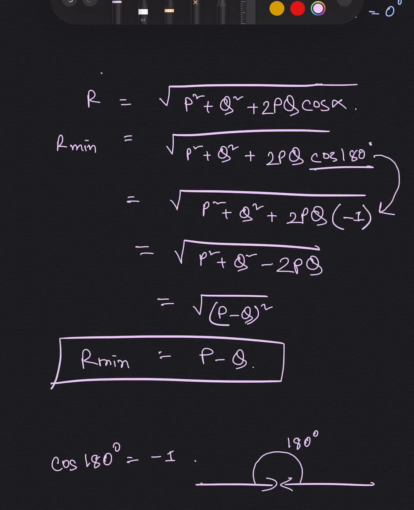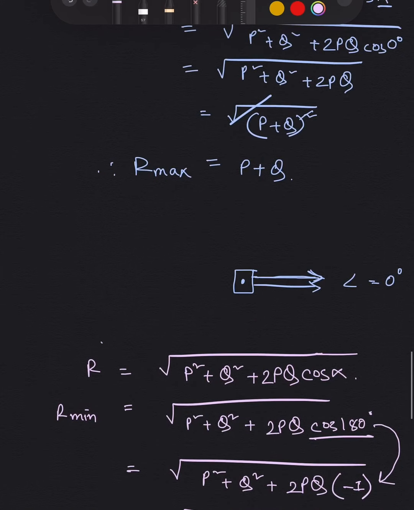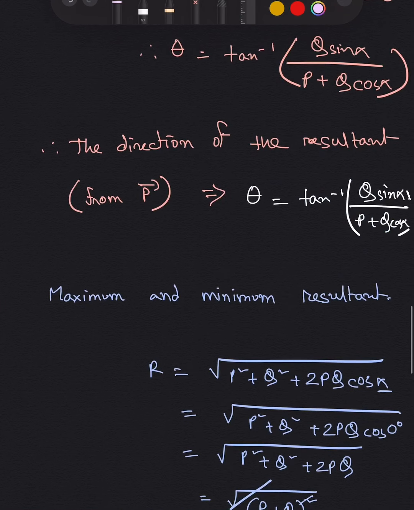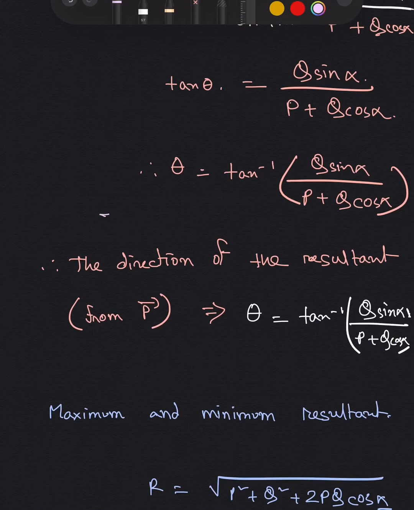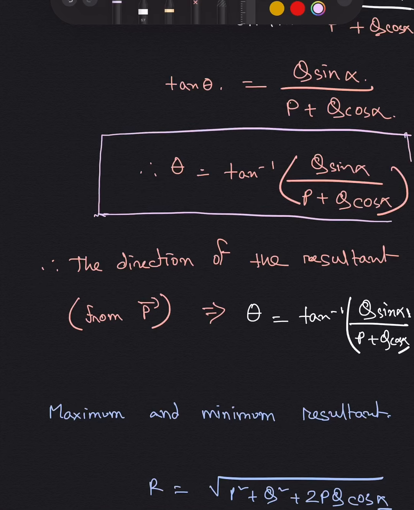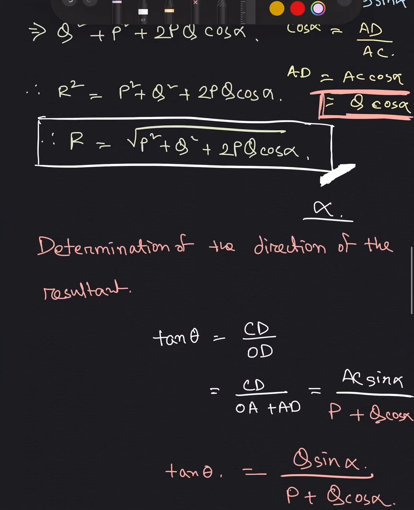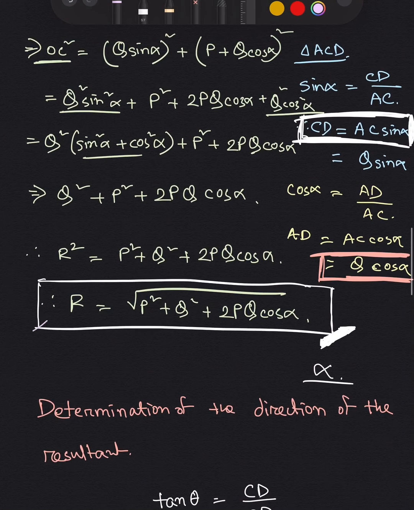So we get four formulas from this law of parallelogram: R min equals P minus Q, R max equals P plus Q, the value of theta, which is the angle between the P vector and the resultant, is tan inverse of Q sin alpha divided by P plus Q cos alpha. And then finally the magnitude of the resultant of two vectors which are acting at an angle alpha with each other is root over P square plus Q square plus 2PQ cos alpha.